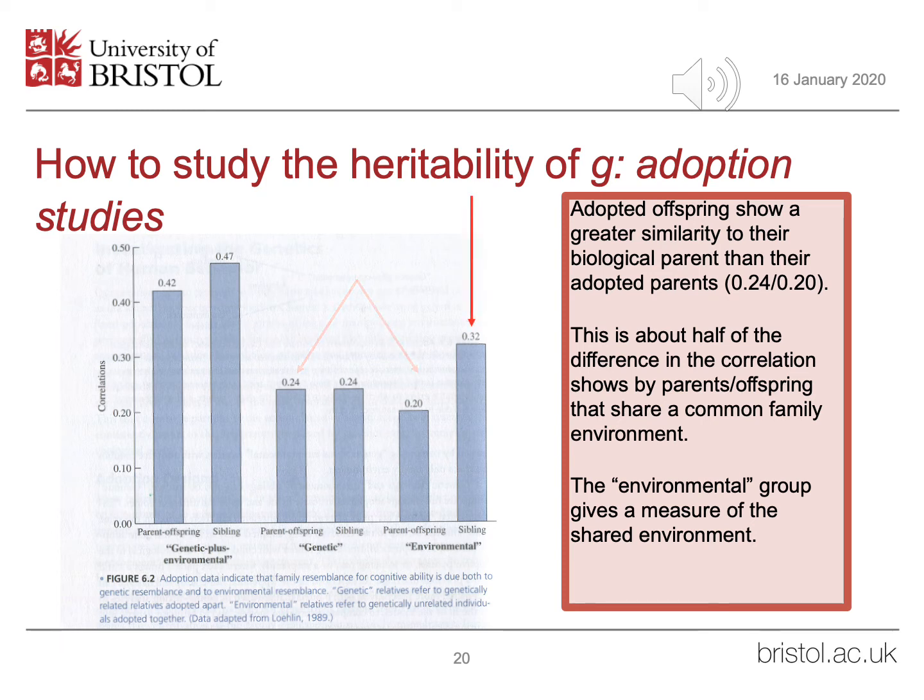The sibling correlation in the environmental group gives a measure of the shared environment. The genetic plus environmental column is effectively the control group.